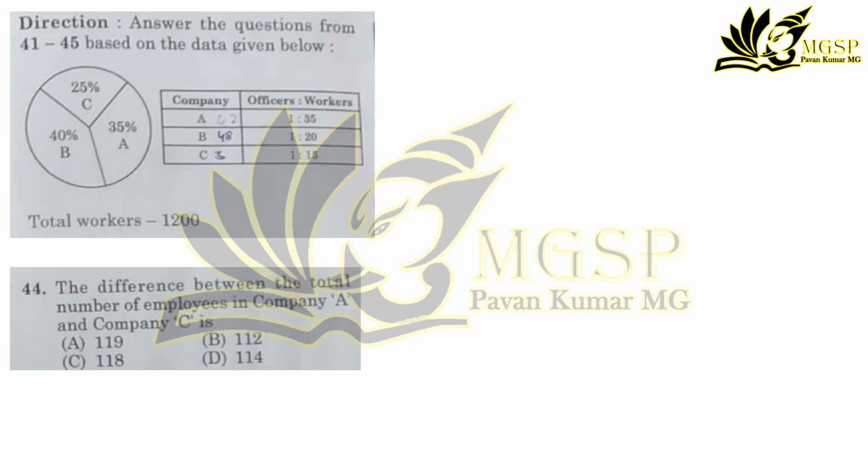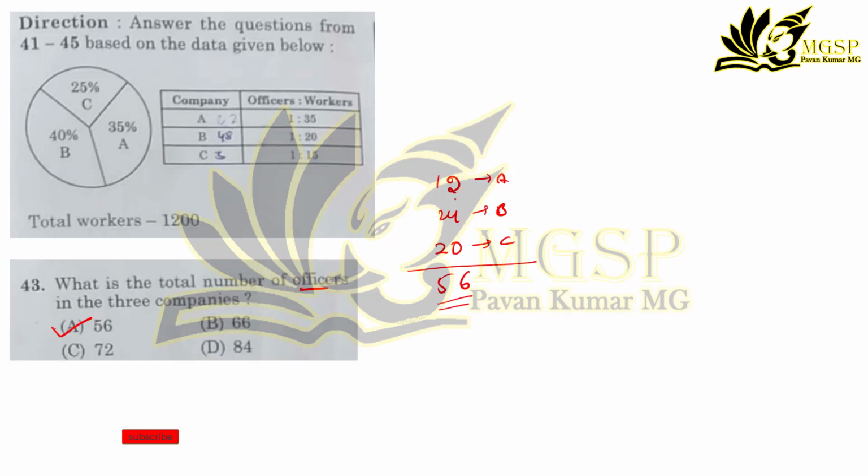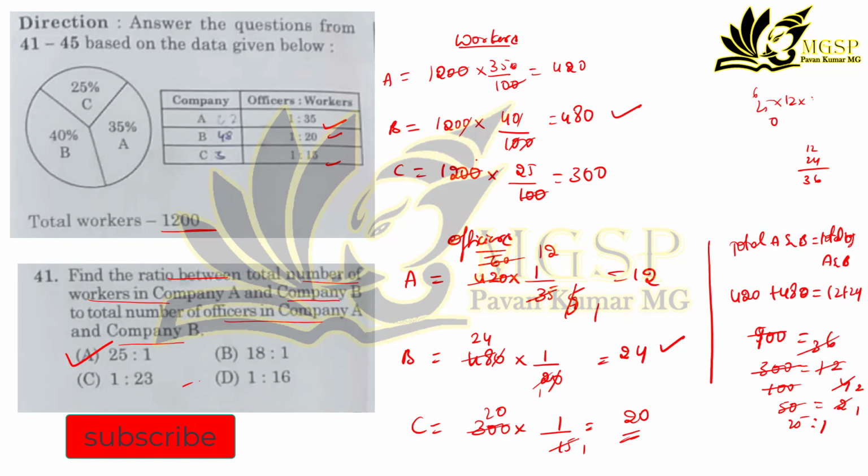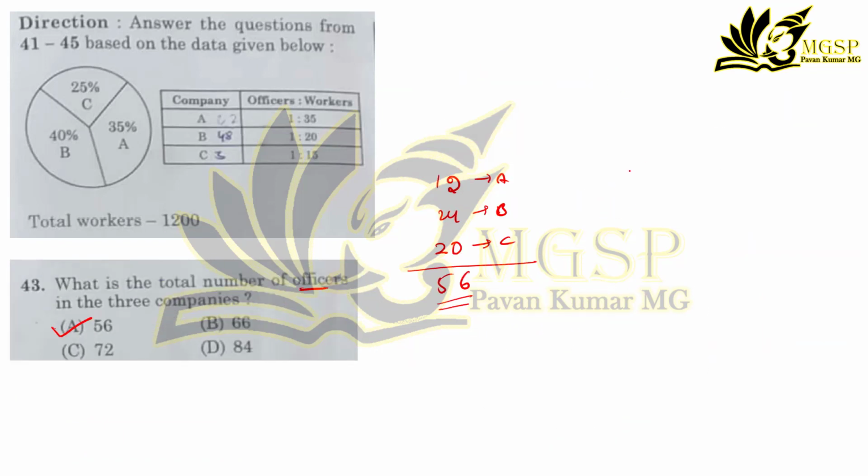Next, the difference between the total number of employees in company A and B. Directly they are asking A minus B employees. In A it is 420 plus 12, and in B it is 300 plus 20.